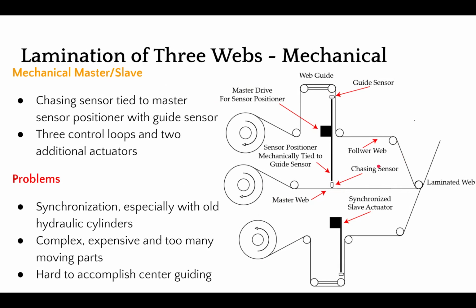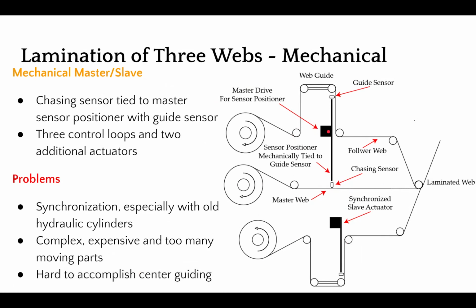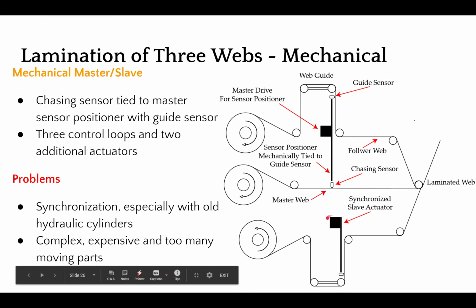Now, if you want to follow this position for another layer of web, what you have to do is synchronize this actuator and this actuator. This has been done with hydraulic cylinders as well as electronic actuators, but there is a synchronization.